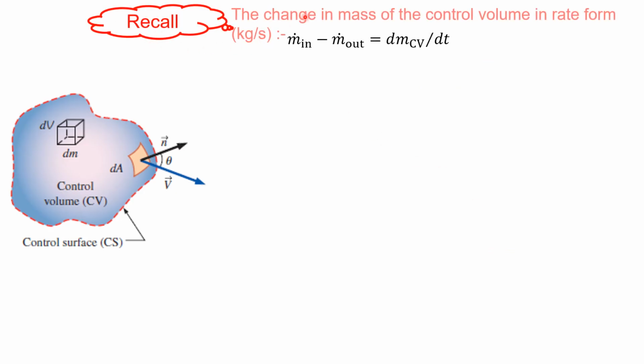If we recall the change in mass of the control volume in rate form, we know that m dot in minus m dot out equals dm_cv over dt. This is from the previous slides. We bring this to the left hand side, equating it to 0, so we get it like this.